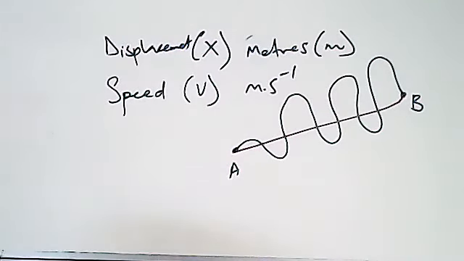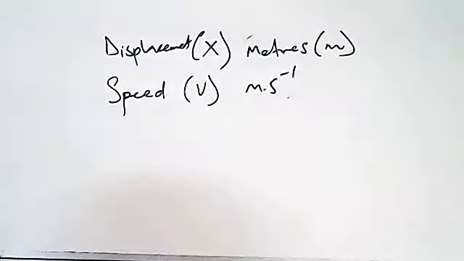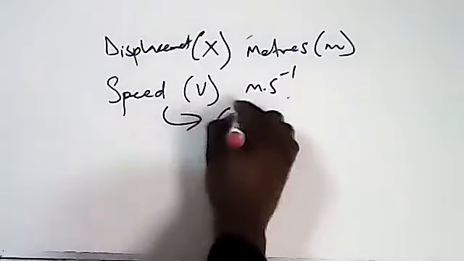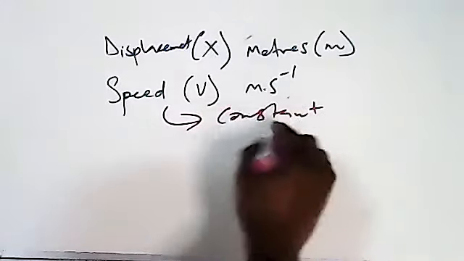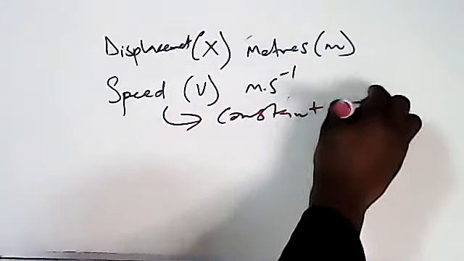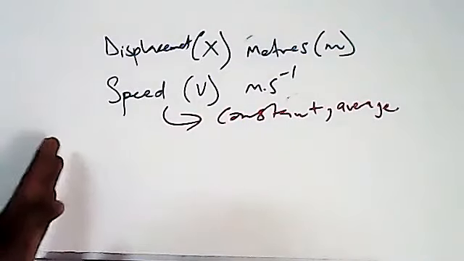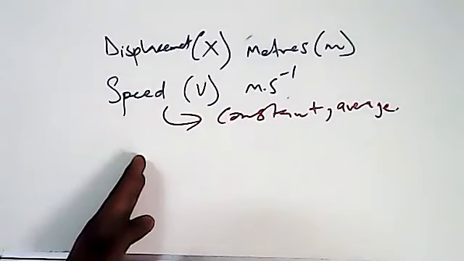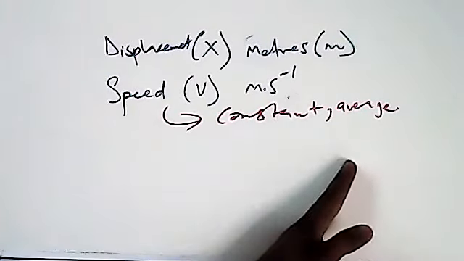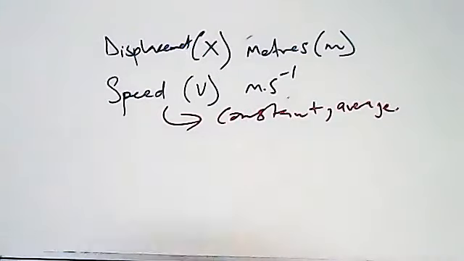So when you're talking about speed, there are certain things that I want you to remember. We have constant speed, and we have average speed, right? With constant speed, we mean that you cover equal distance in equal time intervals. So if it took you an hour at the speed of 50 meters per second, for the next hour, if you travel 50 meters per second also, we call that constant speed.